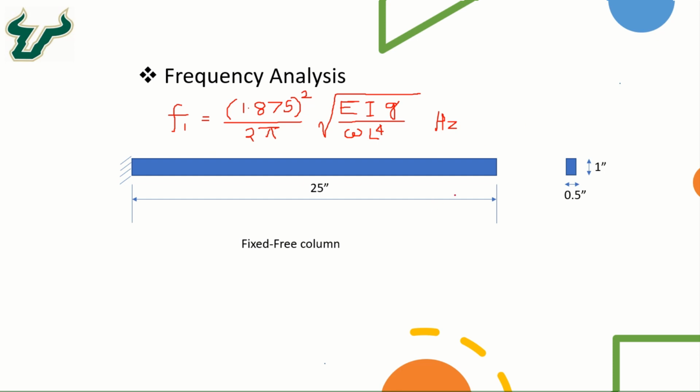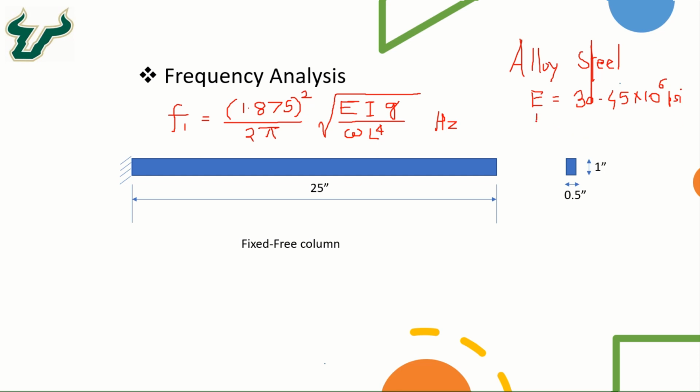So if we consider the material for this particular problem, let's say we take the alloy steel as the material to find out the natural frequencies for. From the SOLIDWORKS materials database, we can see that the Young's modulus of elasticity is 30.45 times 10 to the 6 psi.